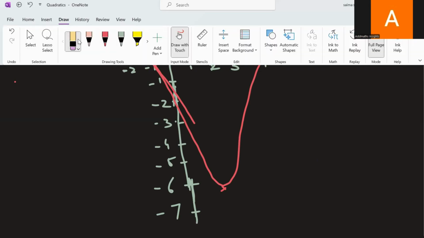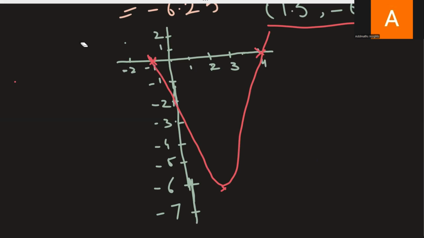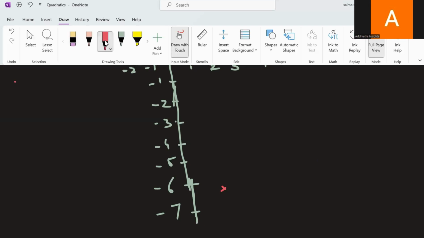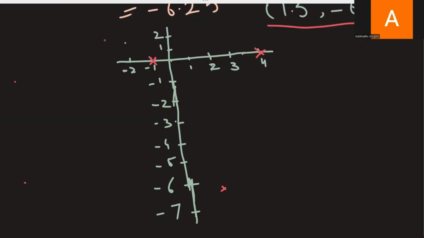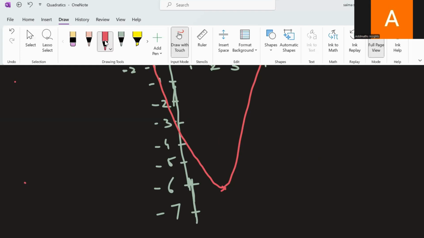This is how you can draw the sketch of a quadratic function. Now you can draw a line of symmetry as well. The line of symmetry is a line that divides the curve into equal halves.